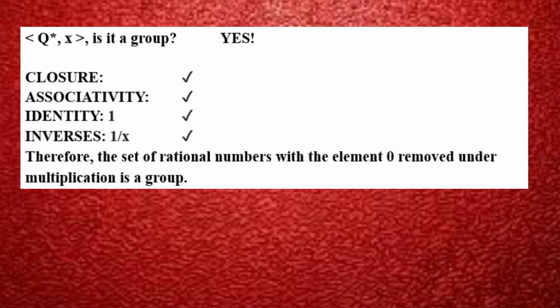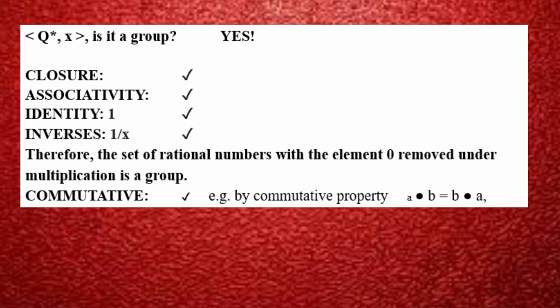Now, to prove if it's abelian, consider the set of rational numbers Q, the set of numbers a over b such that a and b are integers and b is non-zero, and the operation multiplication. Since the rational number 0 does not have a multiplicative inverse, that means it is not a group.